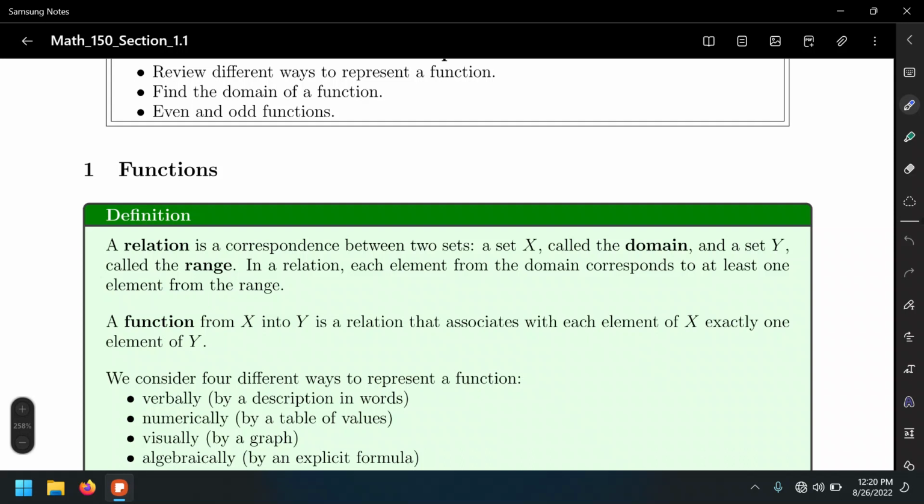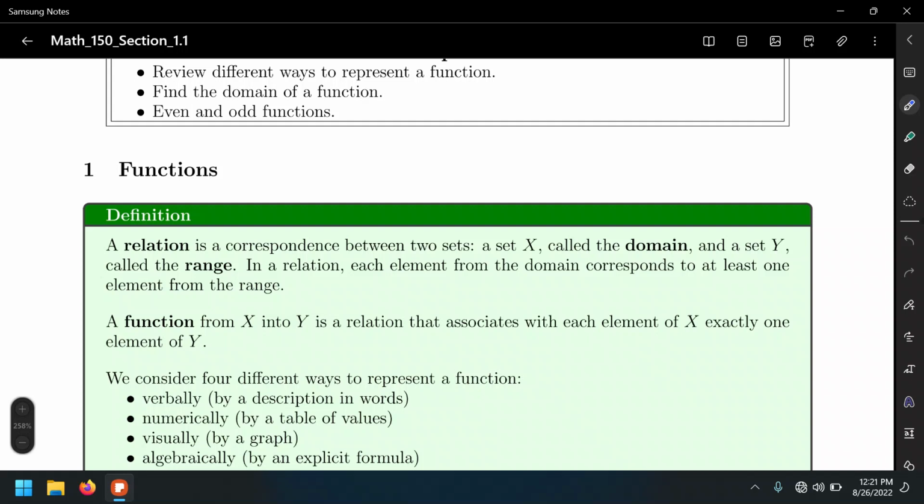A relation is only a correspondence between two sets, when we assign certain values from the domain to elements in the range. That's all we do, and we can write these relations as bubbles with a list of numbers, or pointing with arrows, or as ordered pairs. And then from here we define the concept of a function. In some cases, those relations may define a function, but some of them may not.